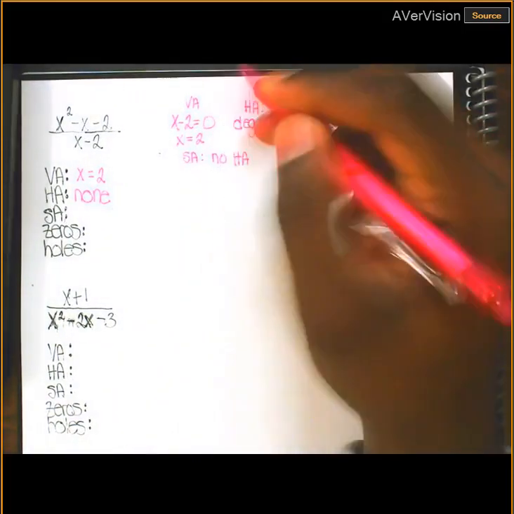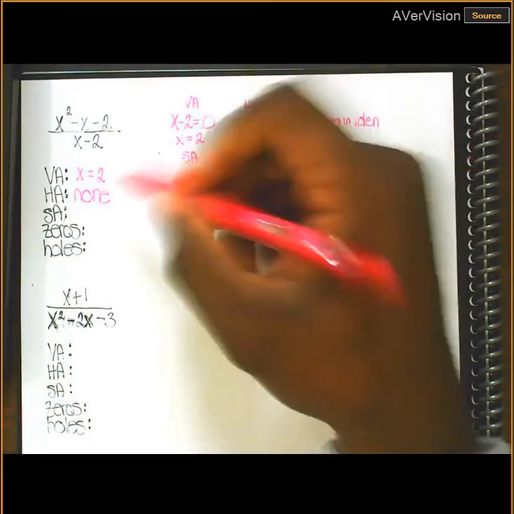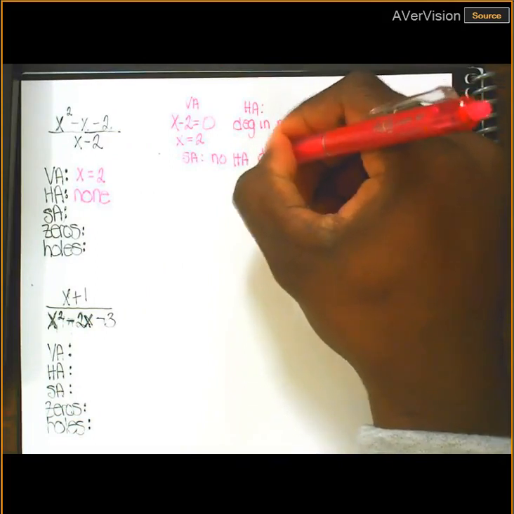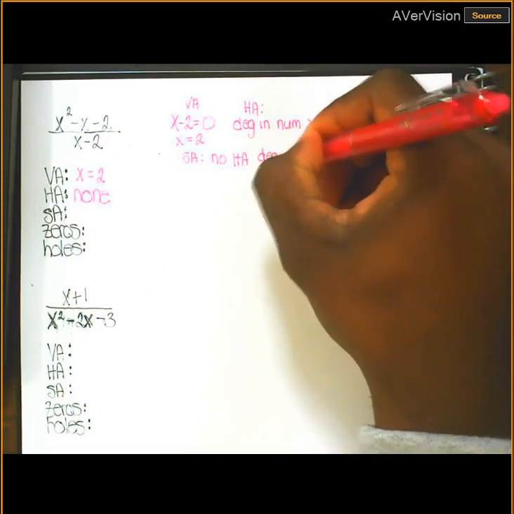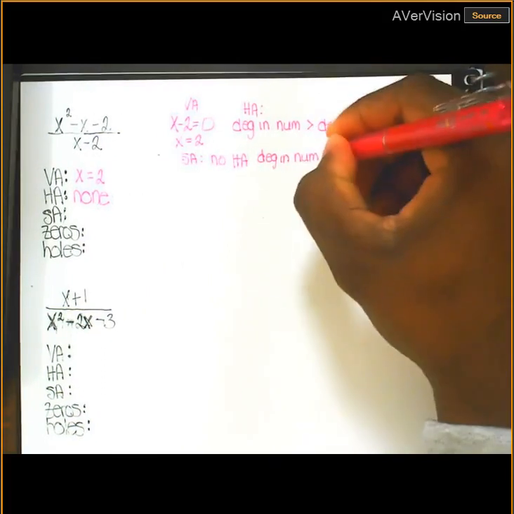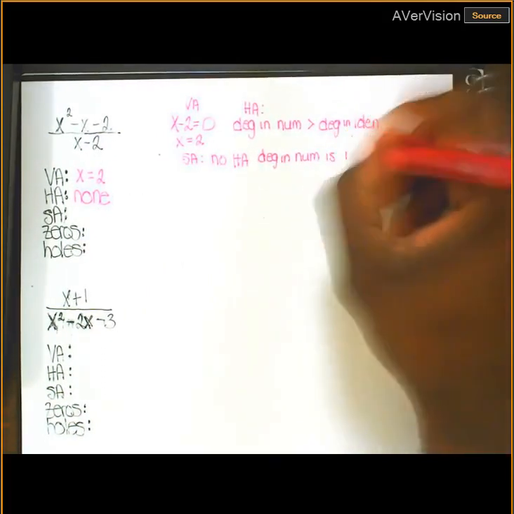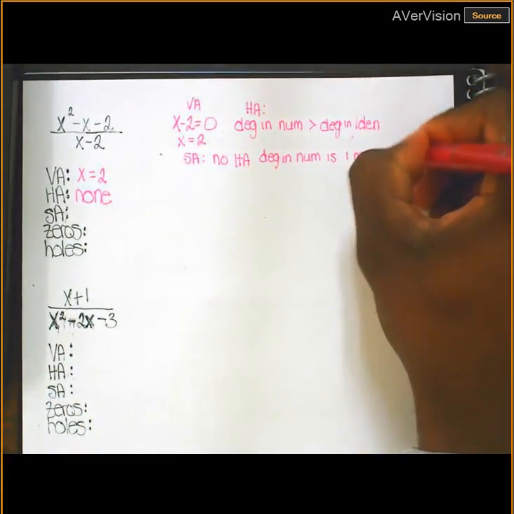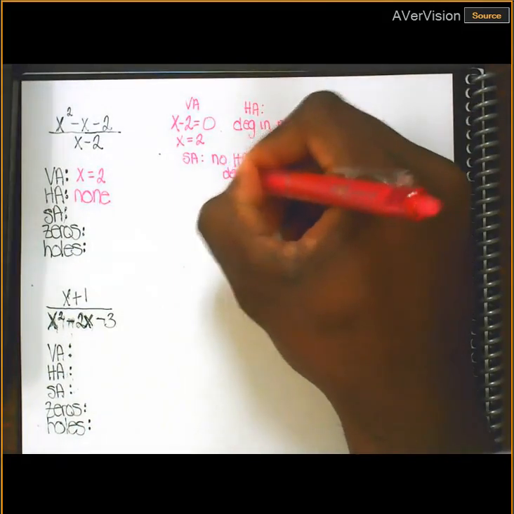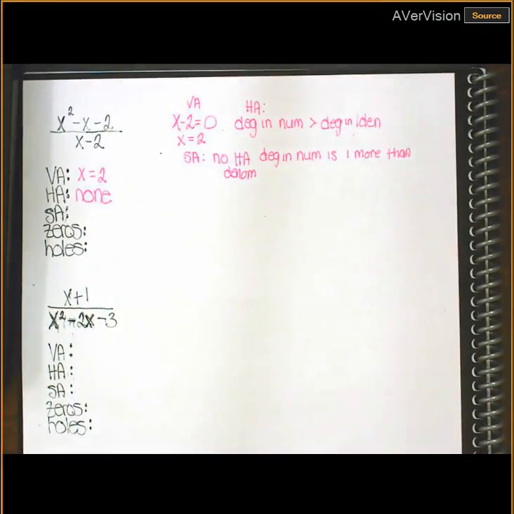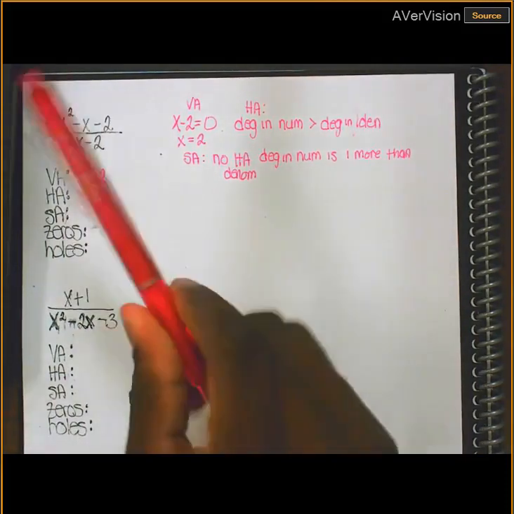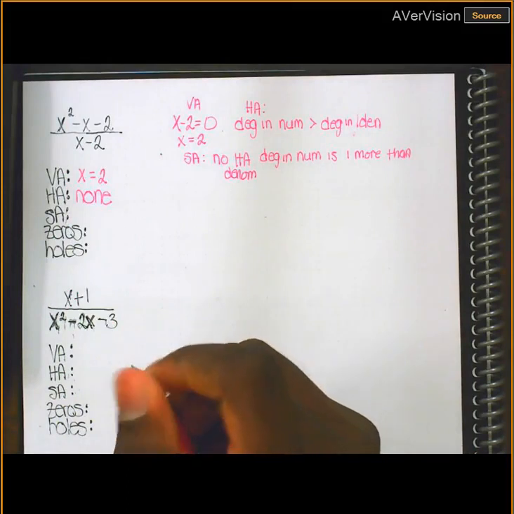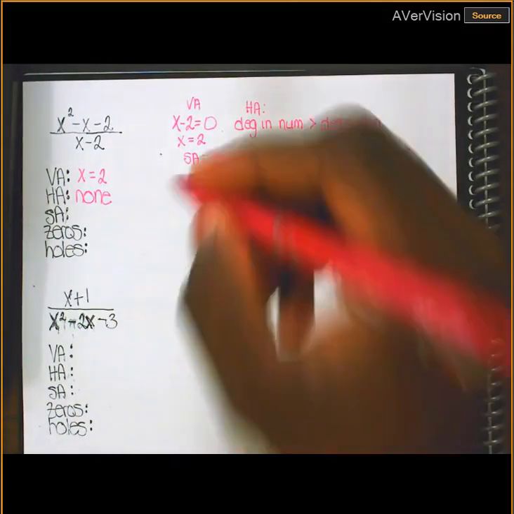So first, we have to make sure that there's no horizontal asymptote, which there isn't, and the degree in the numerator is 1 more than the degree in the denominator. So the degree in the numerator is exactly 1 more than the degree in the denominator, so we do have a slant asymptote for this one.